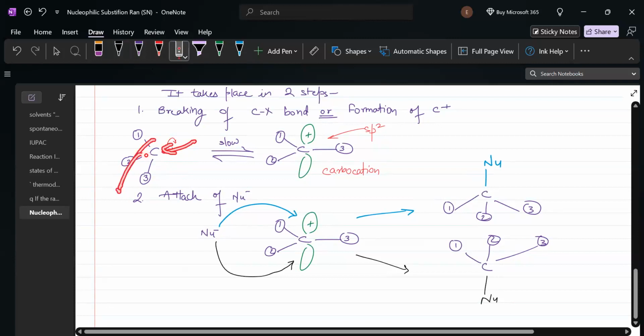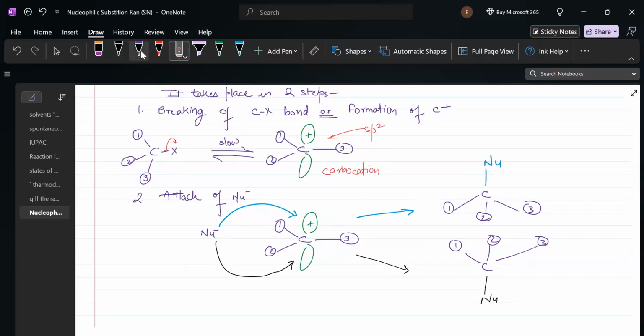There are two options available, from this side and this side, right? So if it attaches from this side only, the same side where the leaving group was present earlier, this will be called retention.